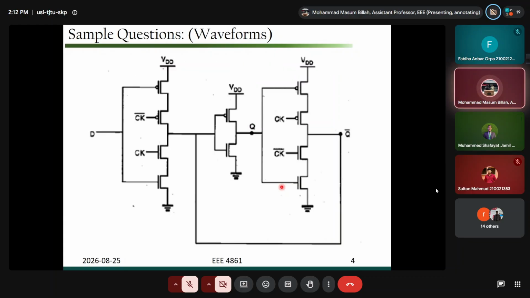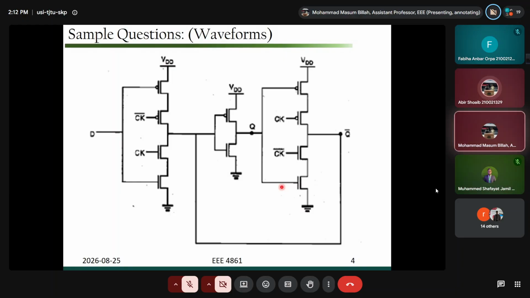Okay. Do you remember what type of circuit this one is? Anyone can remember the circuit? Sir, is it a shift register? It's a D flip flop.